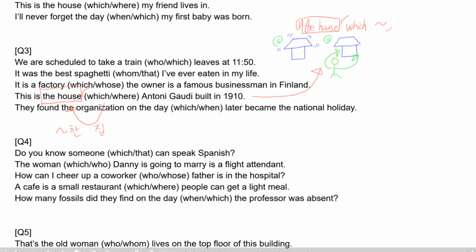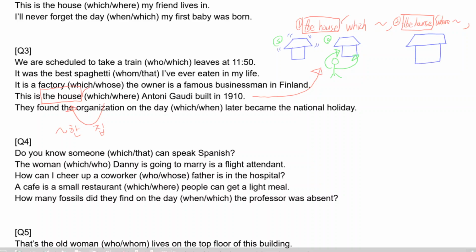Okay, let's move on now to the case that "the house where" is correct. So if the sentence goes like this, then pictures like this come to our mind, right?